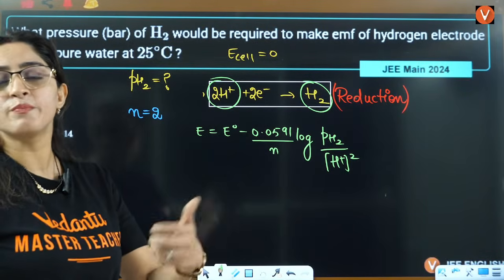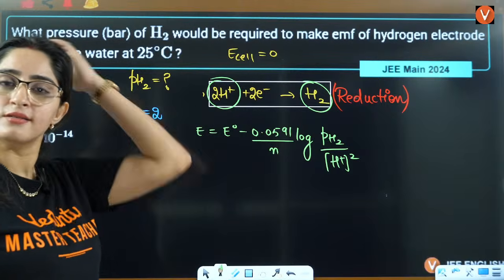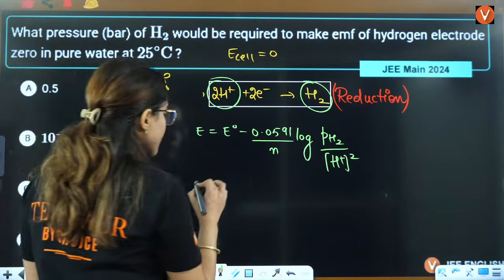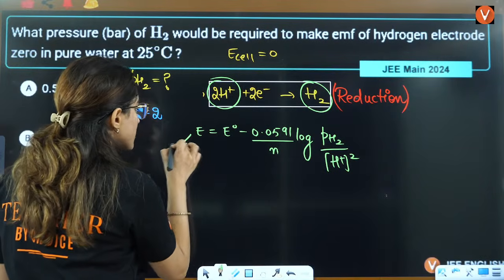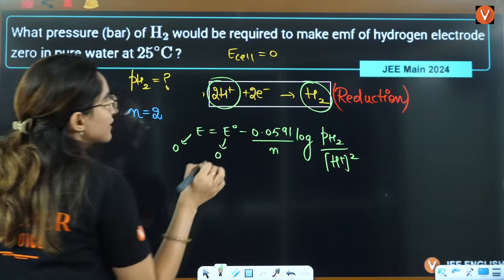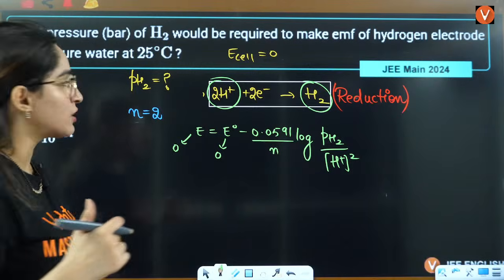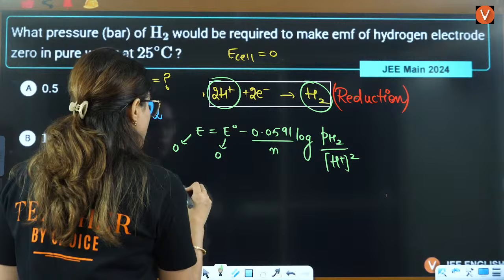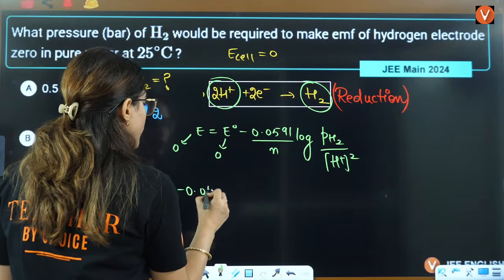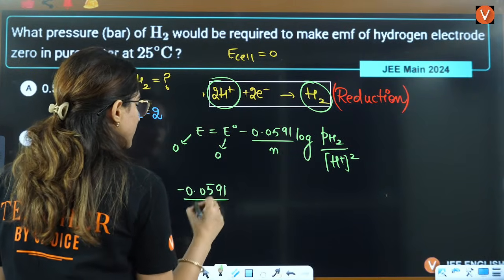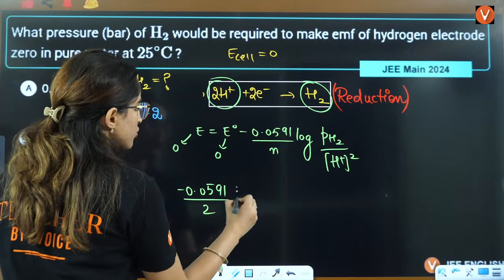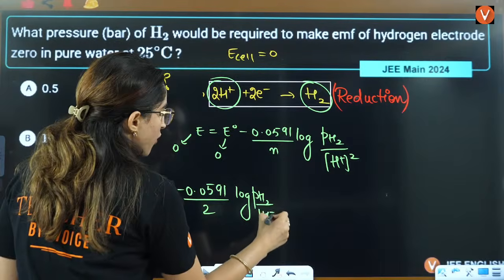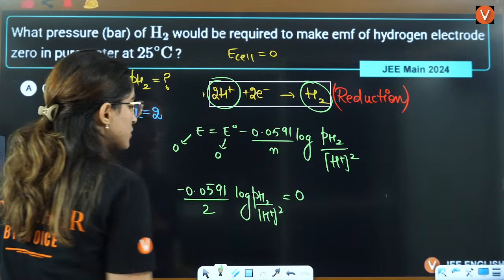Because gas is in pressure and other things are in concentration, so we write the concentration here. Now this is given to be 0. We know that the standard hydrogen electrode is 0. Then you will see 0 minus 0.0591 divided by N, the N factor is 2, log of PH2 divided by H positive square is equal to 0.